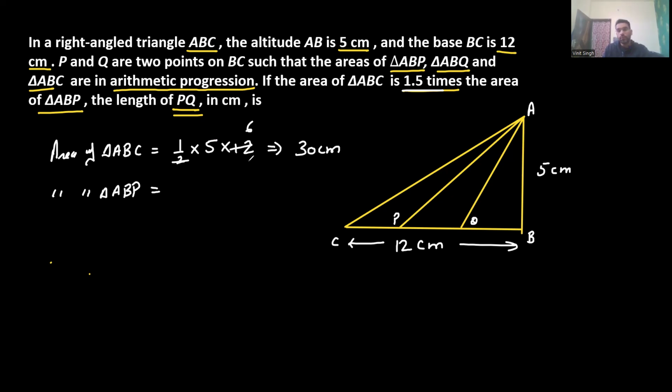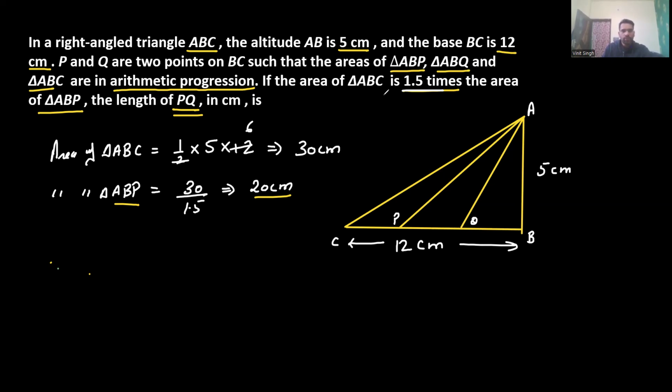So 30 divided by 1.5 is equal to 20. Now the area of triangle ABP is 20, and we have to find the length of PQ.